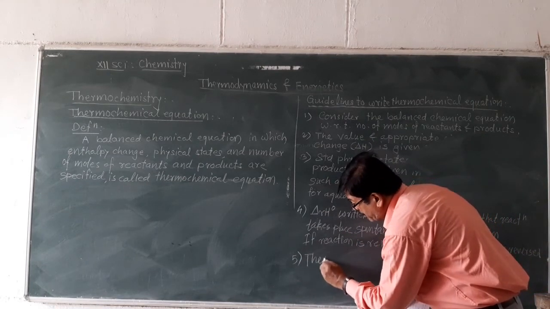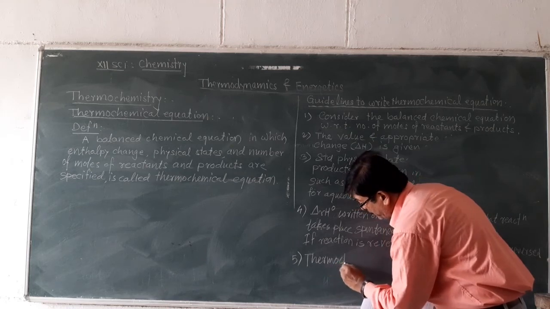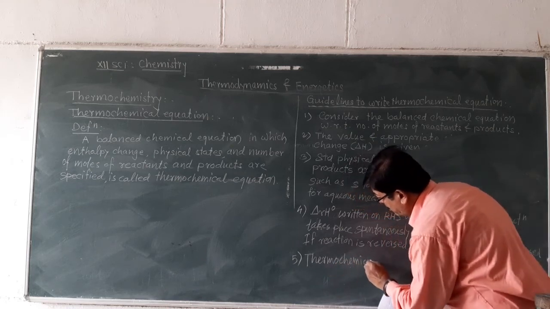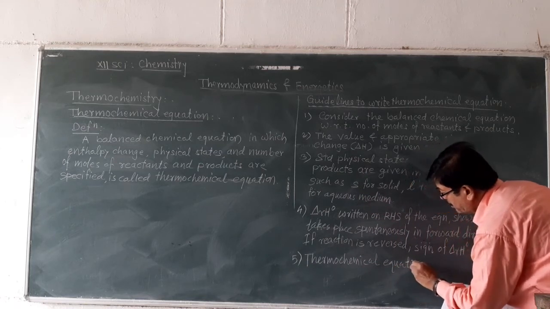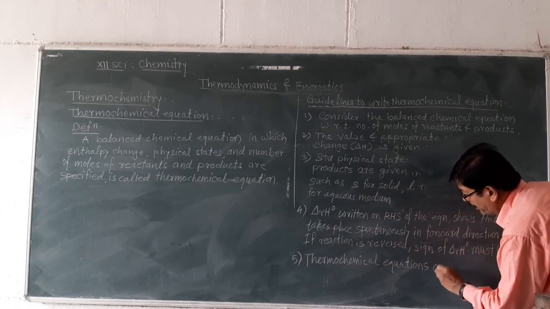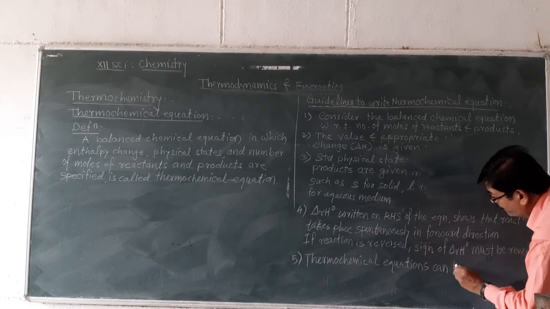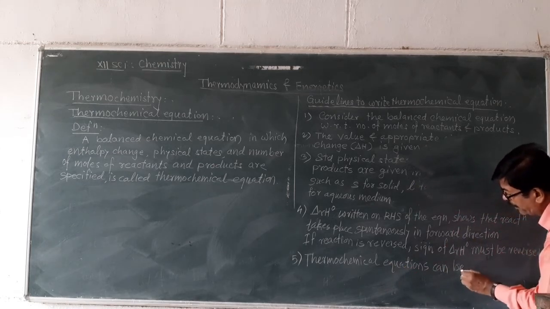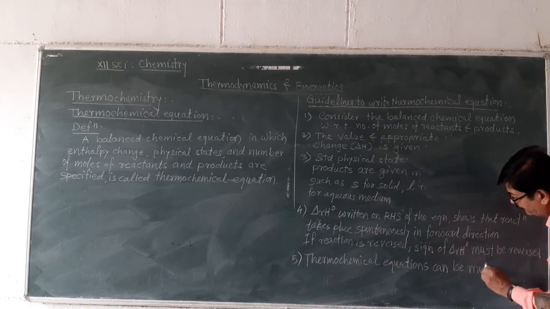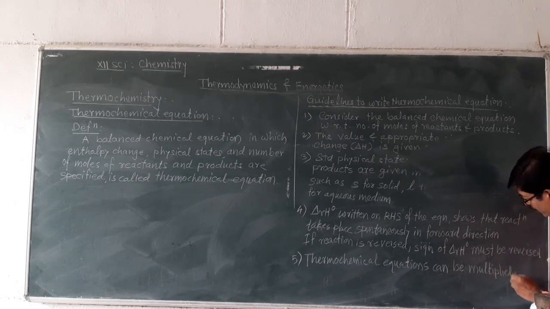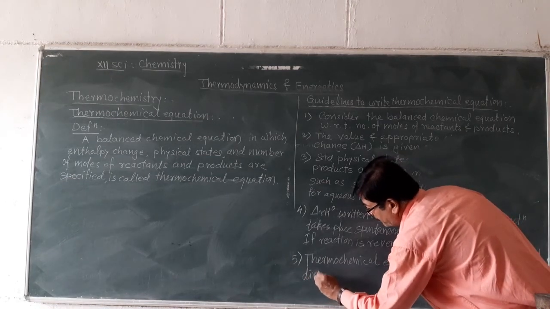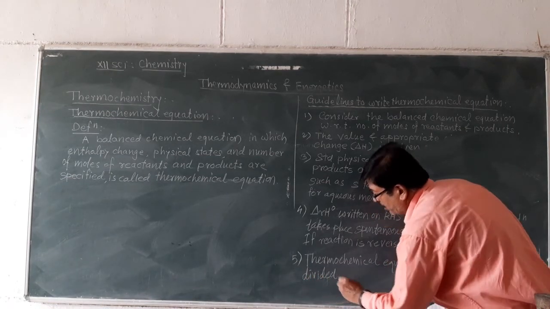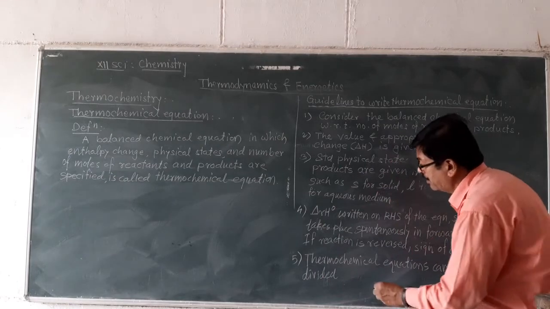And fifth rule: thermochemical equations can be multiplied or divided like algebraic equations.